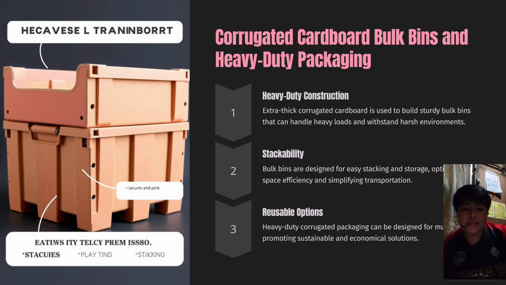Then stackability. Bulk bins are designed for easy stacking and storage, optimizing space efficiency, simplifying transportation and reusable options. So heavy duty corrugated packaging can be designed for multiple uses, promoting sustainable and economical solutions.